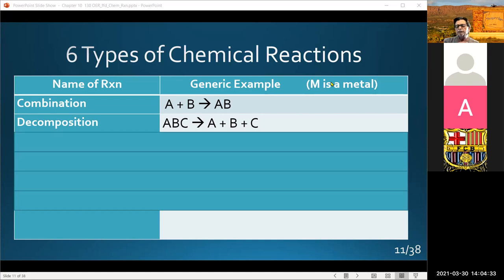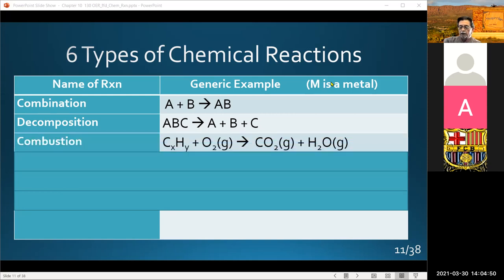Baking soda is a good example. If you heat baking soda, it will break down to carbon dioxide and a salt. So combination brings them together, decomposition breaks them apart.